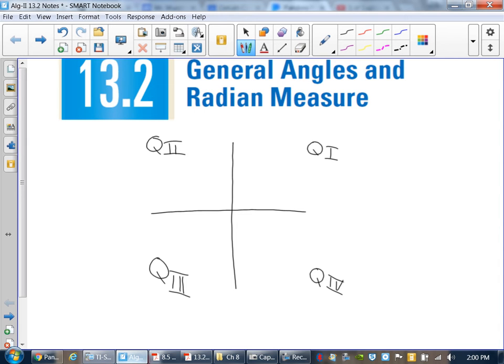You also know that ordered pairs have different signs, depending upon, or their x and y values have different signs, as they go around in the quadrants.